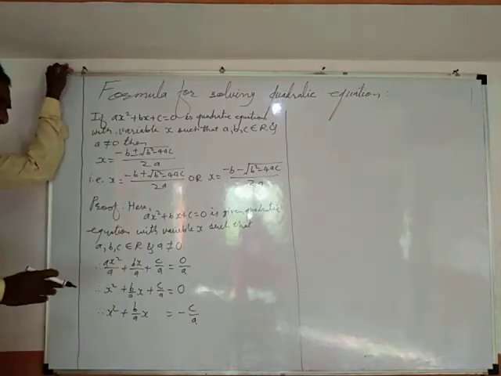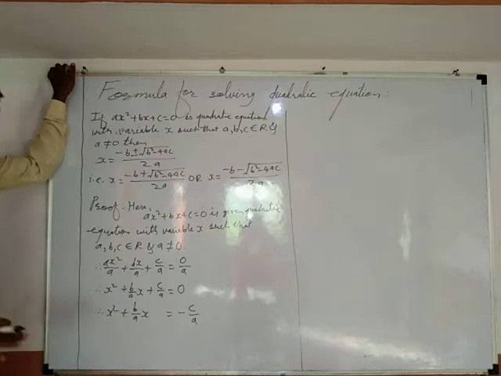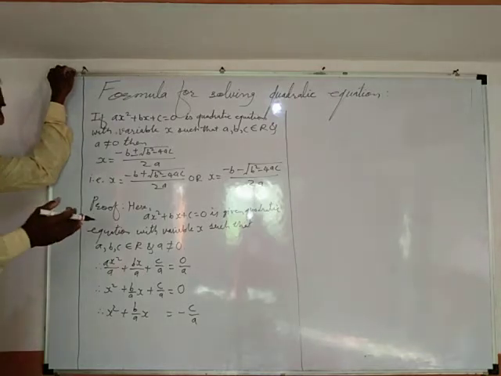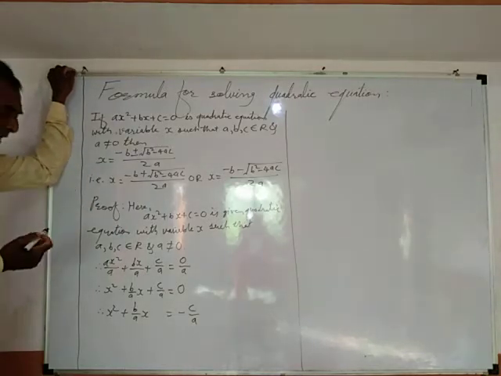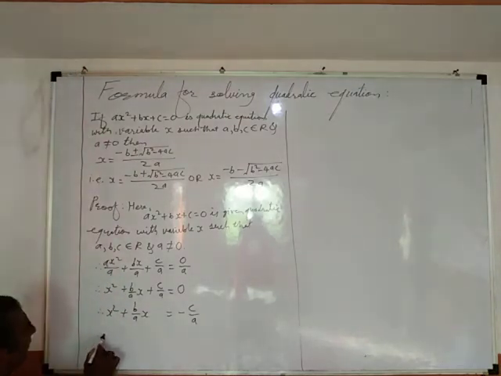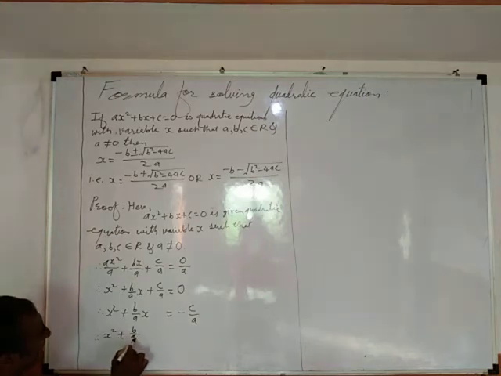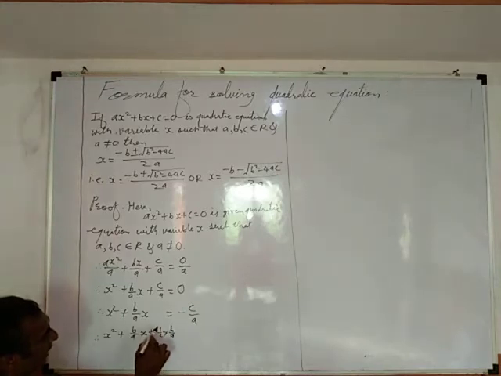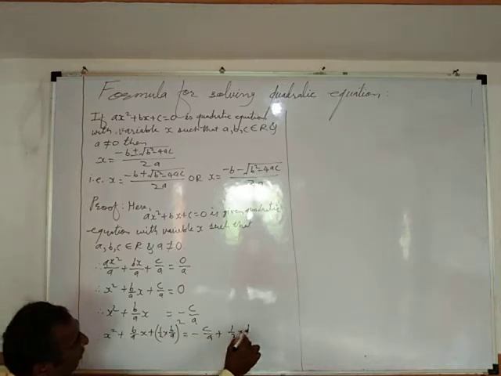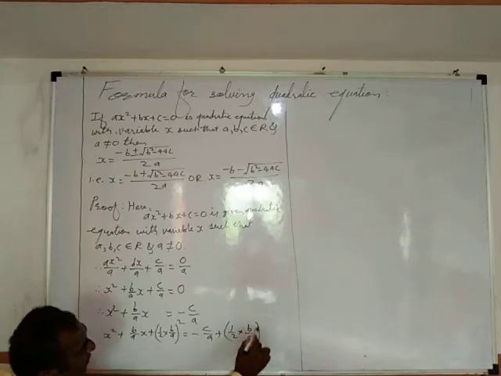Okay, now to complete LHS as a perfect square, we need to add half into the coefficient of the linear term, its square, in LHS as well as in RHS. Therefore, it will become x square plus b by a into x plus half into b by a, its square, equals minus c by a plus half into b by a, its square.